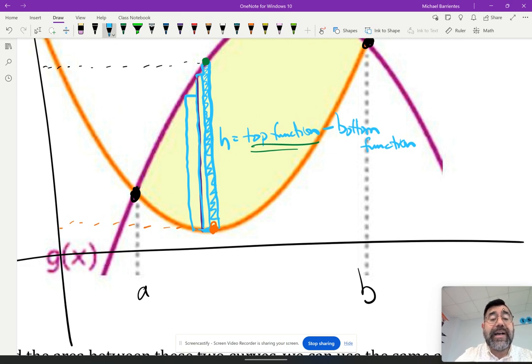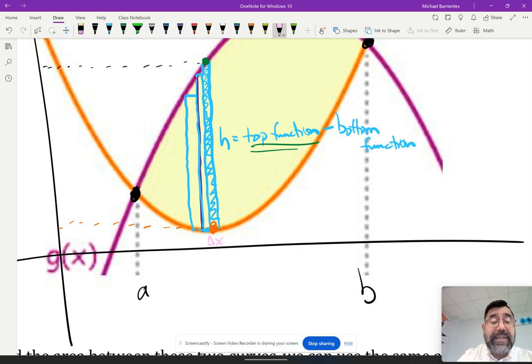So in order to find the area of just one of these rectangles, we're going to find the height times the width. Now the width is going to be my delta x, the change in x, which is really thin, right? It's going to become infinitesimally small. So we're going to multiply h, the height, times the width, which is this base, the delta x.